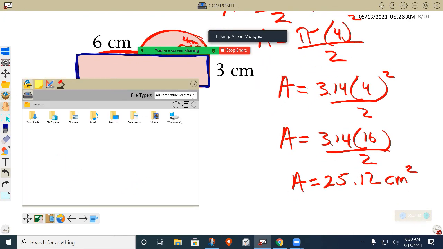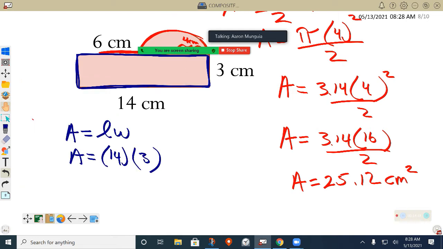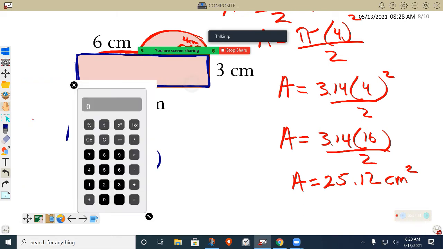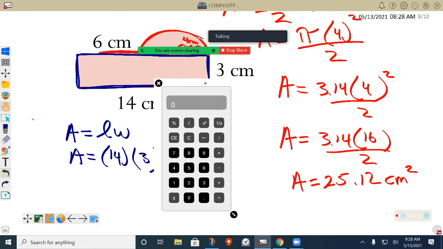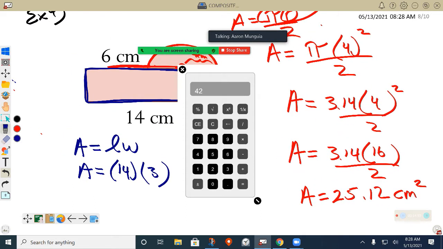Let me get my calculator again. 14 times 3 is, come on, where's my calculator? There we are. So 14 times 3, let's see what we get. 14 times 3, 42. So the area then is 42 square centimeters for the rectangle.